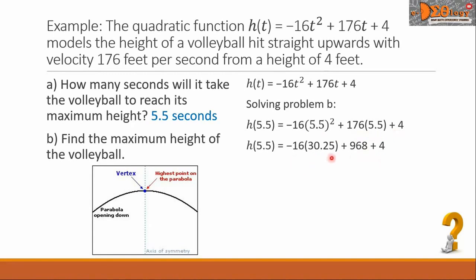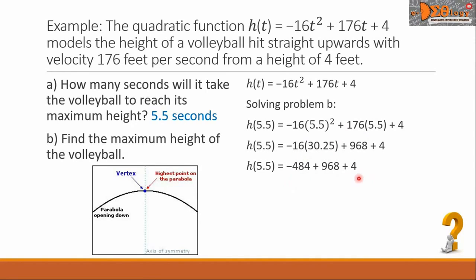Of course, in the first term here, the negative 16 is copied down here. In the next line, we will get the product of negative 16 and 30.25, and the answer is negative 484. So we copy the plus 968 plus 4.